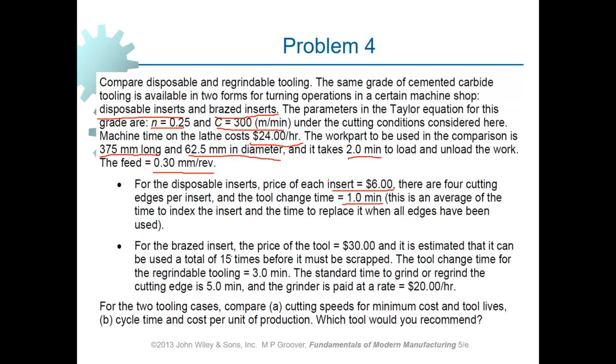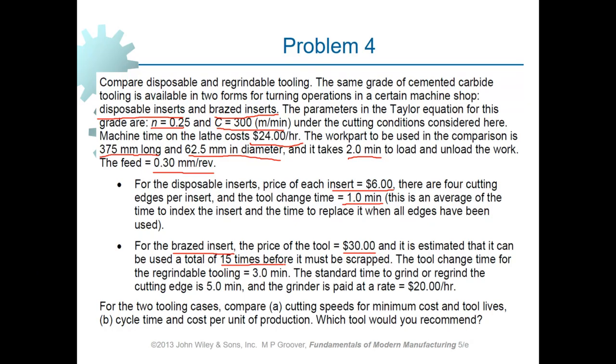Now, for the other type of cutting tool, the brazed insert, the price of the cutting tool is $30, and it is estimated that it can be used 15 times. It means that we use it once and then we do 14 times of regrinding and resharpening in order to use the same cutting tool. And then we've got to replace the whole cutting tool.